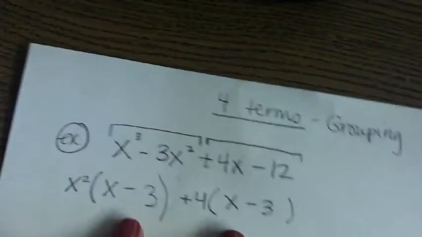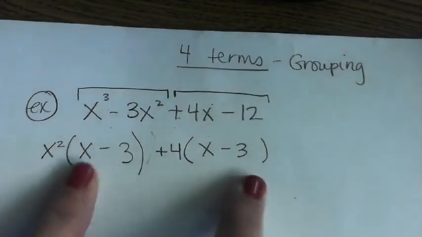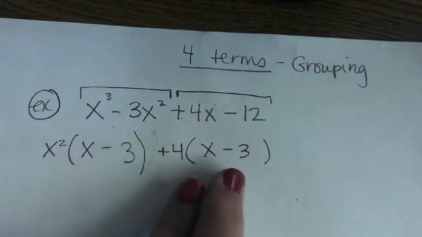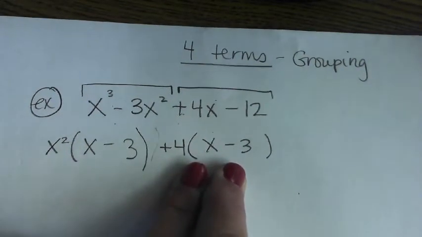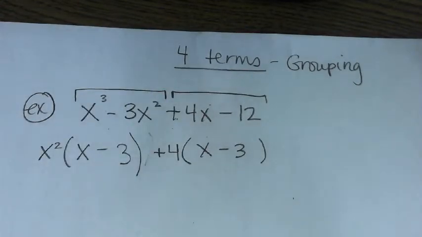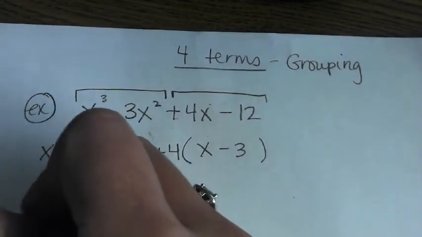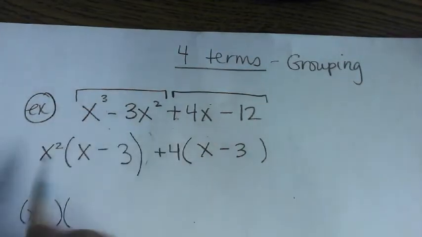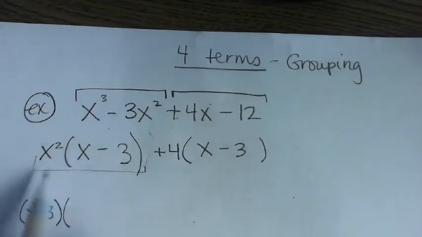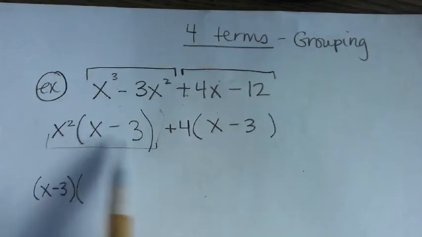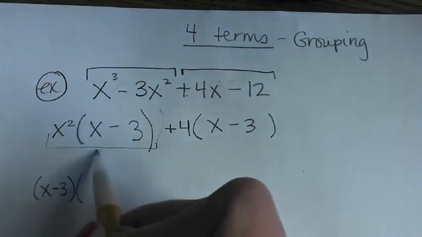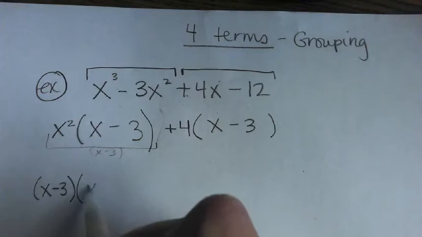So now if we look at this as just 2 terms, here's your first term, here's your second. What do they have in common? X minus 3, right? So I'm going to pull that x minus 3 out in front, and what's left of the first term? Just the x squared.